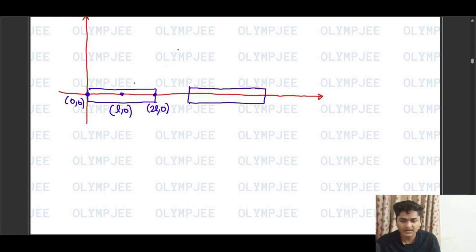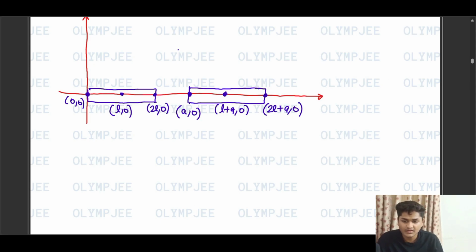And since the centers are at a distance A, so this will be L plus A comma 0. And if we subtract L, we will find the coordinate of this point A comma 0 and this will be 2L plus A comma 0.